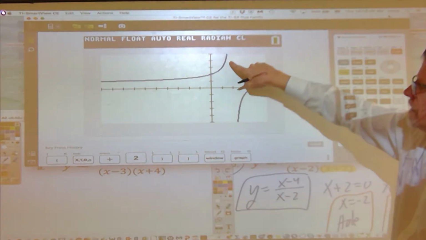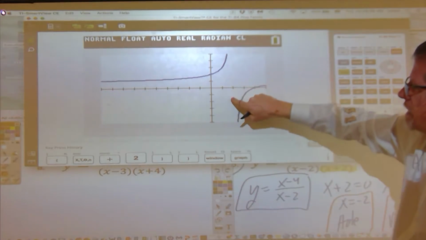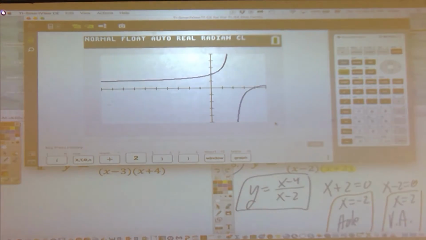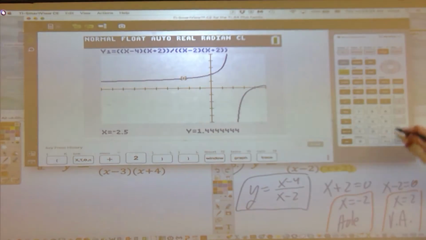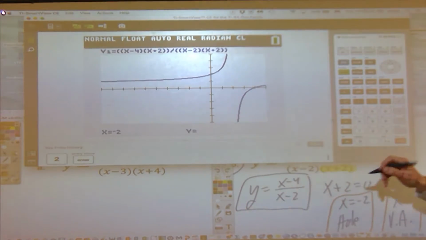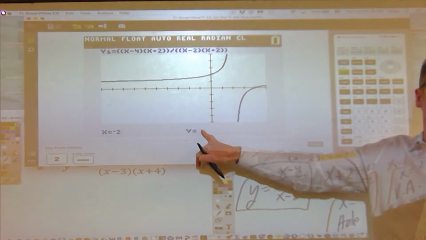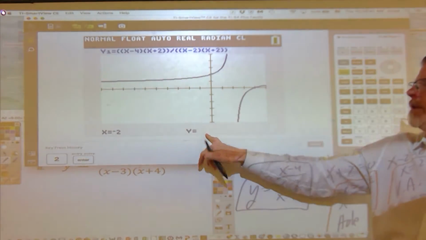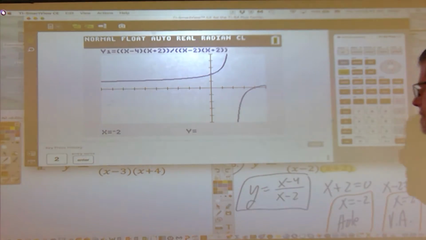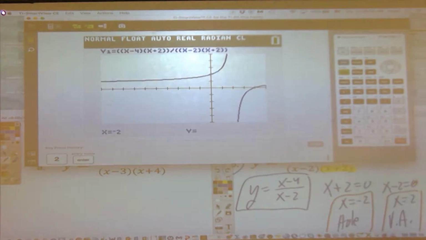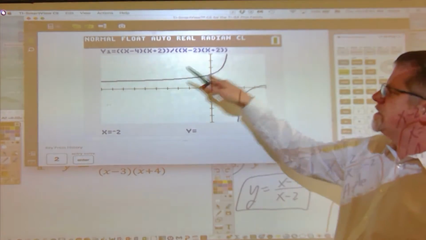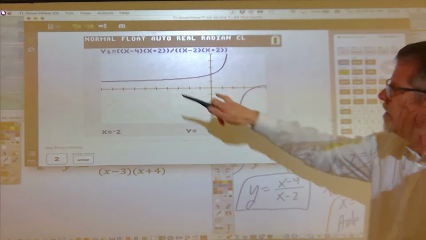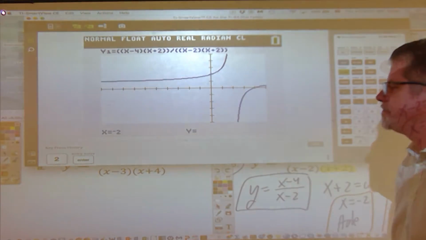It does seem plausible that there would be a vertical asymptote at x equals +2, but I don't see a hole in the graph here at -2. Well, look at what happens when you try to trace -2. Trace -2 gives you a y coordinate. If there's a hole there, there's nothing there. If we're sketching the graph, which we're going to be drawing tomorrow, we'd actually draw a hole in the graph right there.